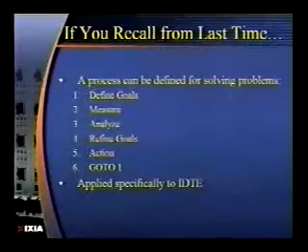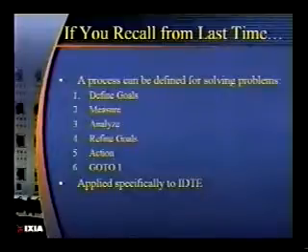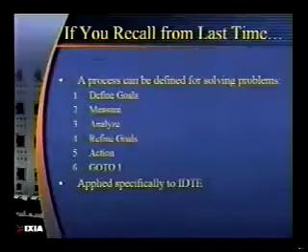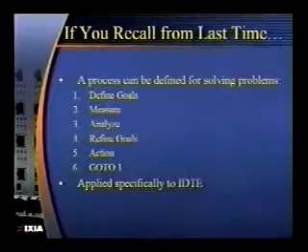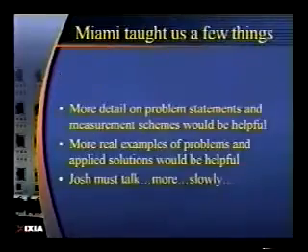So: defining a goal, defining a problem statement, selecting a measurement scheme, and then going forward and measuring in your network the right data points and the right data objects, analyzing your data in a sane fashion, and then refining your goals based on your analysis and taking some action to solve your original problem statement, and then go to one and start again. And that was applied specifically to inter-domain traffic engineering back in Miami.